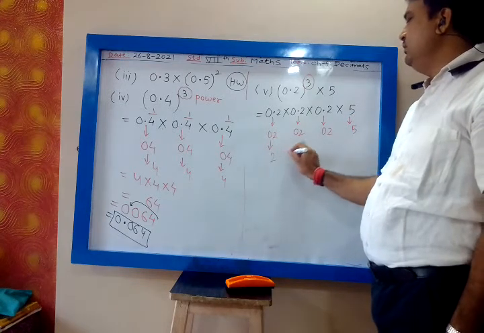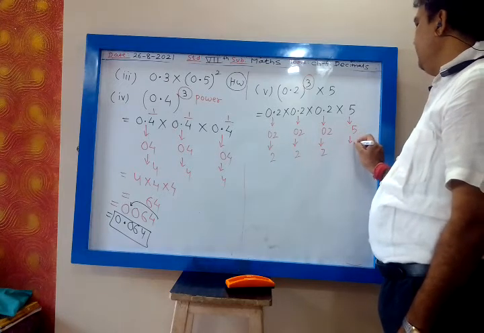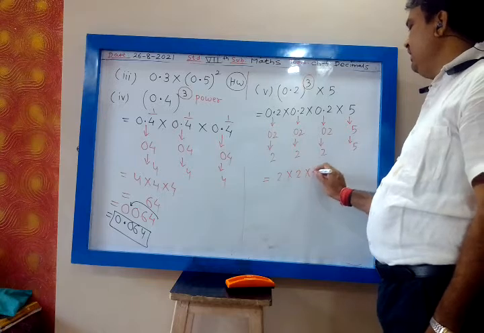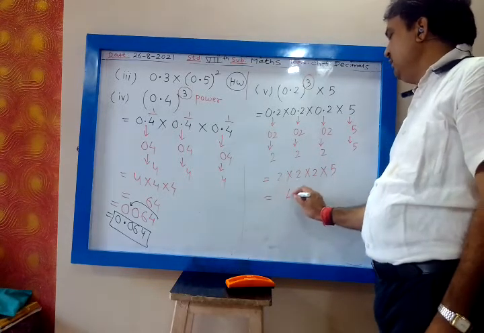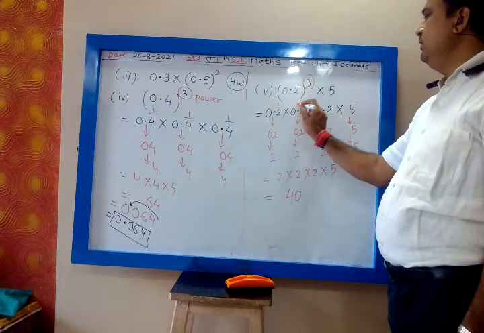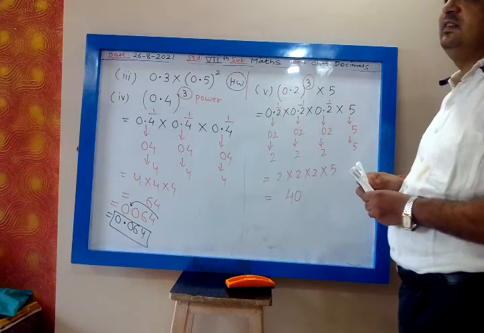5 will remain 5. 0.2 is the same as 2, and 5 will remain 5. So multiply these numbers: 2 into 2 into 2 into 5. 2 2s are 4, 4 2s are 8, 8 5s are 40. But how many places do we want? 1, 1, 1, 1? No, 3 places.